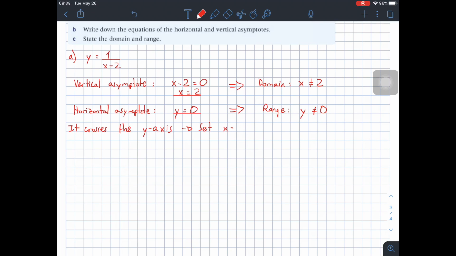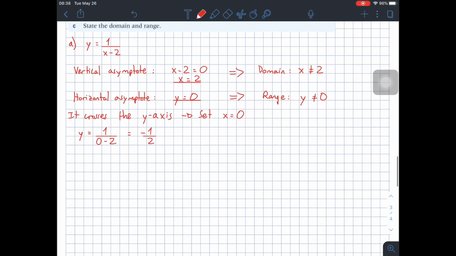Because it is crossing the y-axis where the value of x is 0. So if we set x to 0, we're going to get y equals 1 divided by 0 minus 2. And then if we solve this, we're going to get that y equals negative 1/2, right? Which is negative 0.5. That means that the graph is crossing the y-axis at point (0, negative 0.5). Either way is fine.